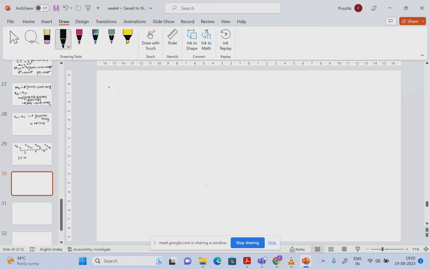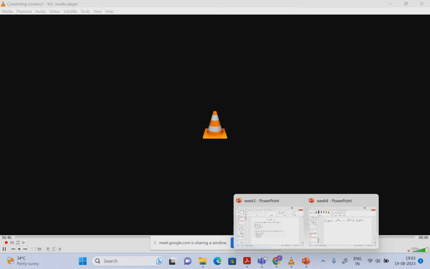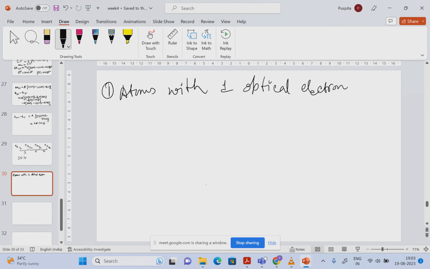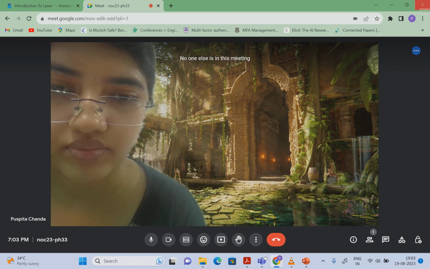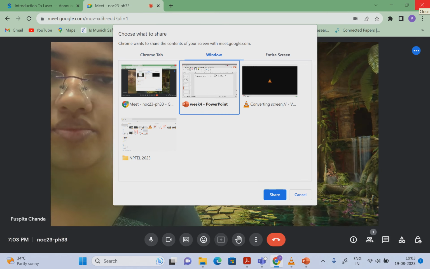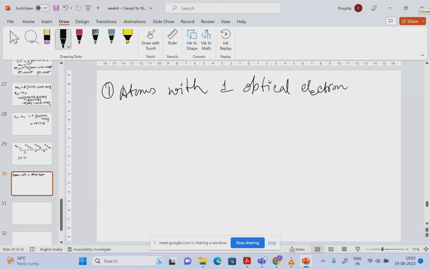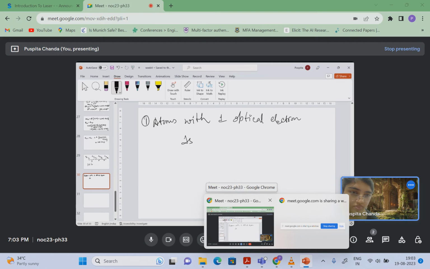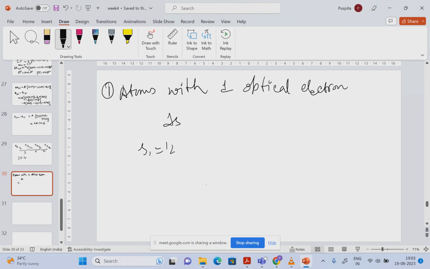For one electron, one optical electron, say one S, S1 is equal to half.